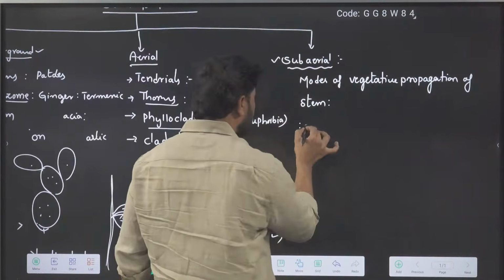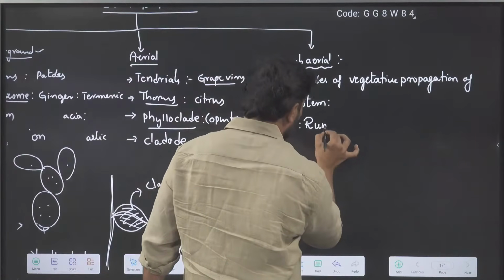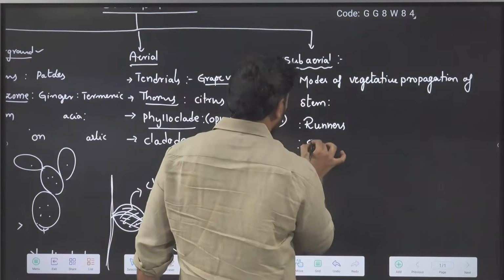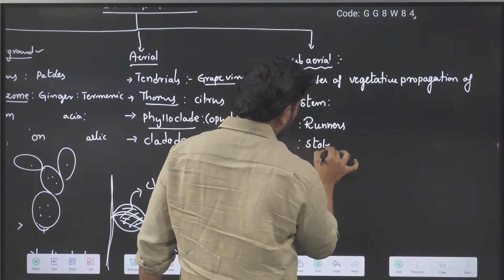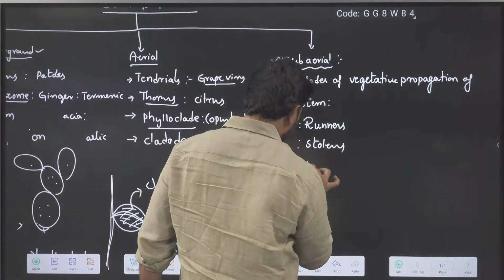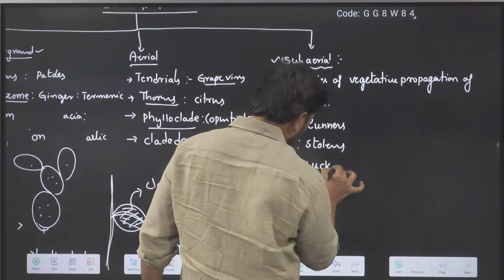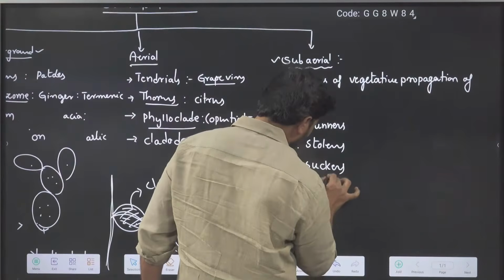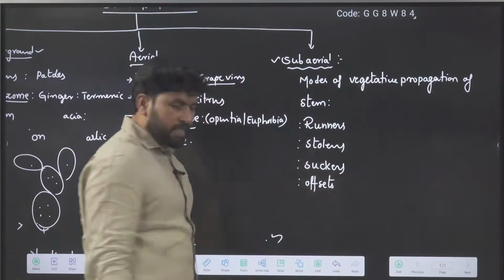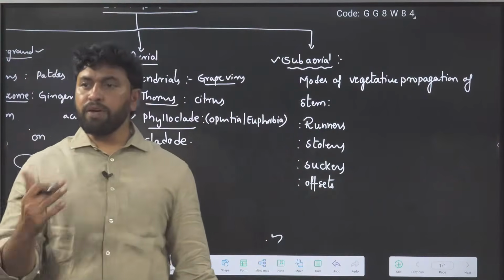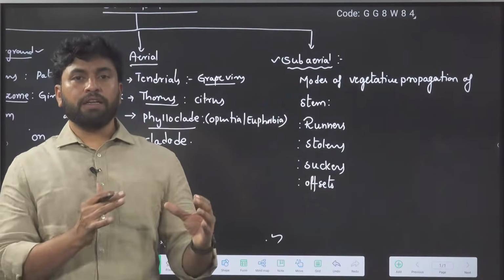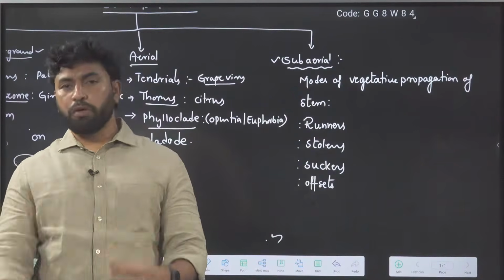What are they? Runners, stolons, suckers and offsets. Careful, these are all various stem modifications specially designed for the plant in order to perform vegetative propagation.